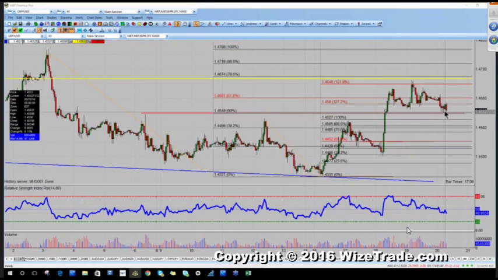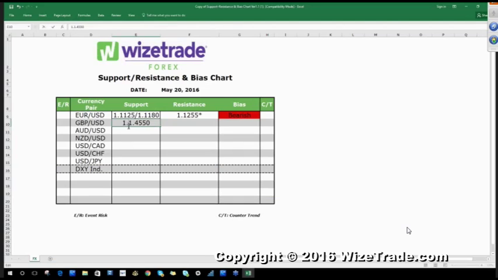If we break 145.50, we might see a little bit of a sell-off here. So 145.50, we break it. It's going to be very possible, is what I'm trying to say.